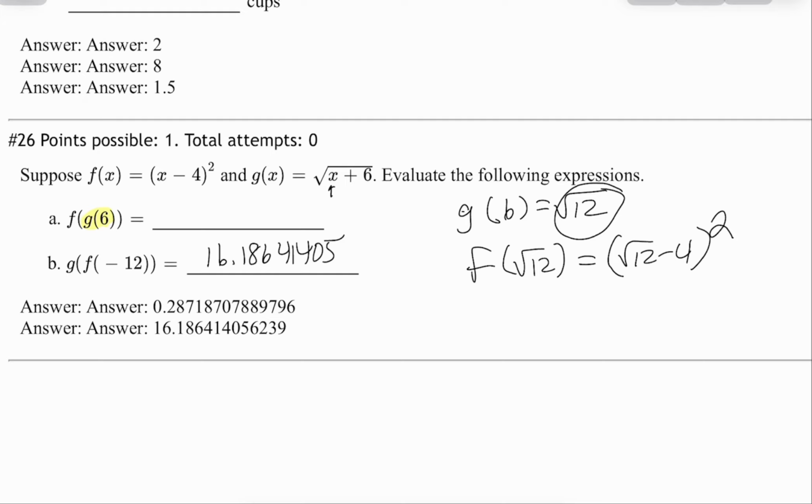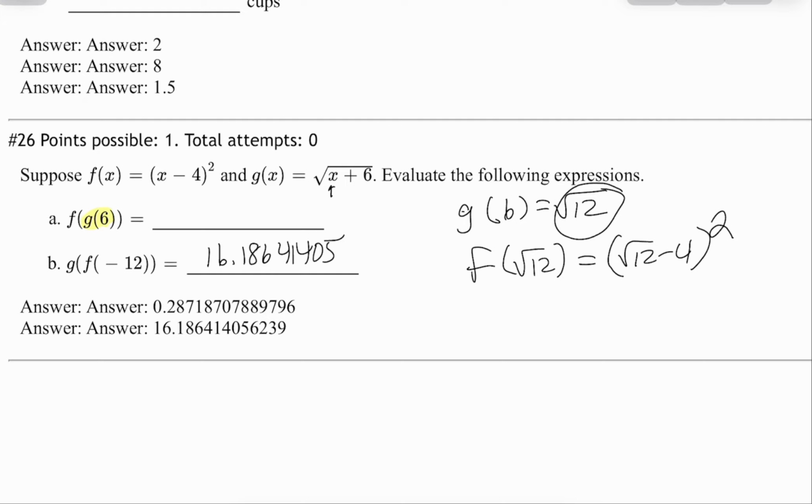Okay, so that is just inputting, follow your order of operations, put negative 12 into F. Oh, we're putting negative 12 into F. Did I do that right? Wait, let's do that.